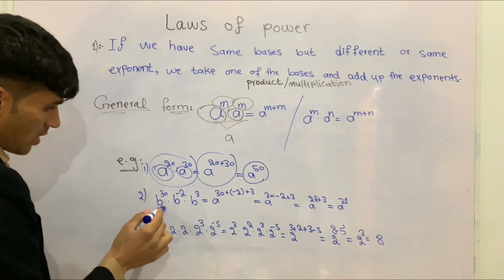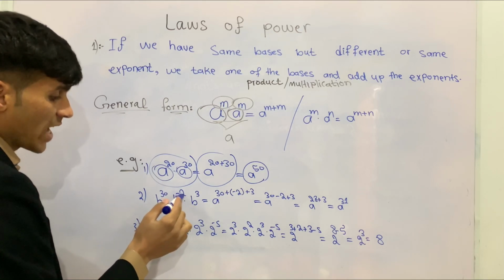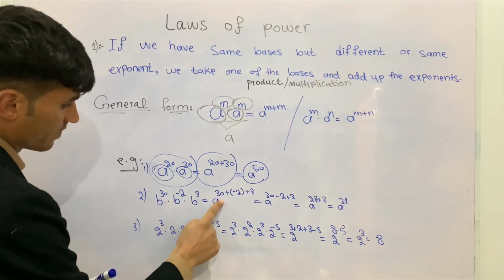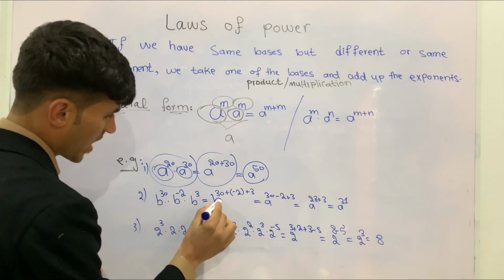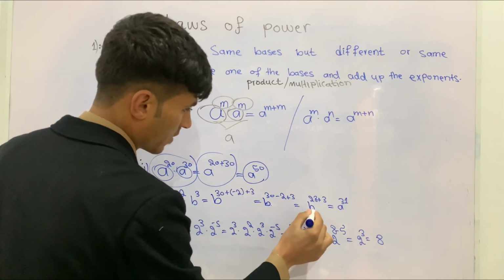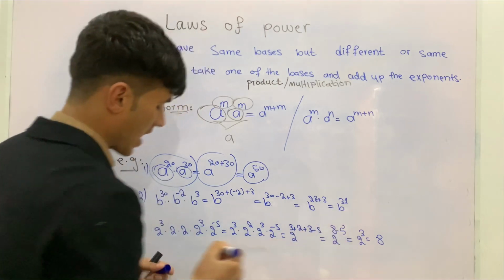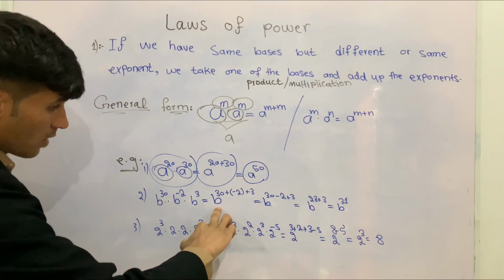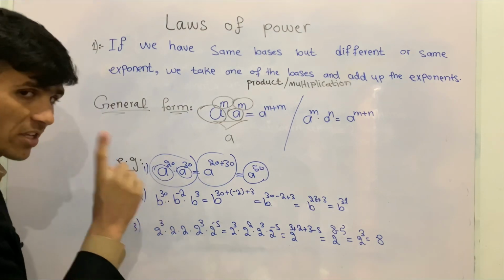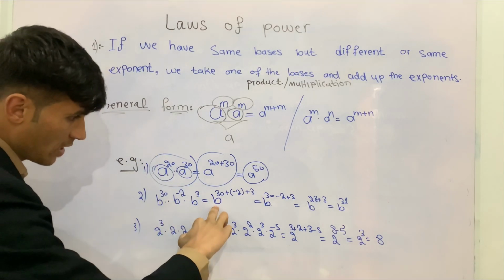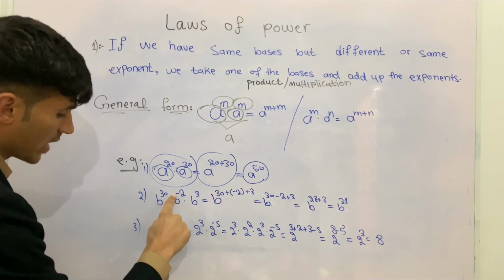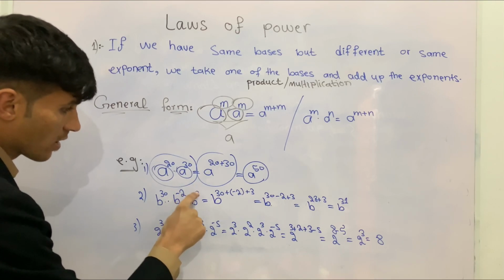We have the same base, so we take just one common base, which is b, and add up the exponents: b to the power 30 plus -2 plus 3.